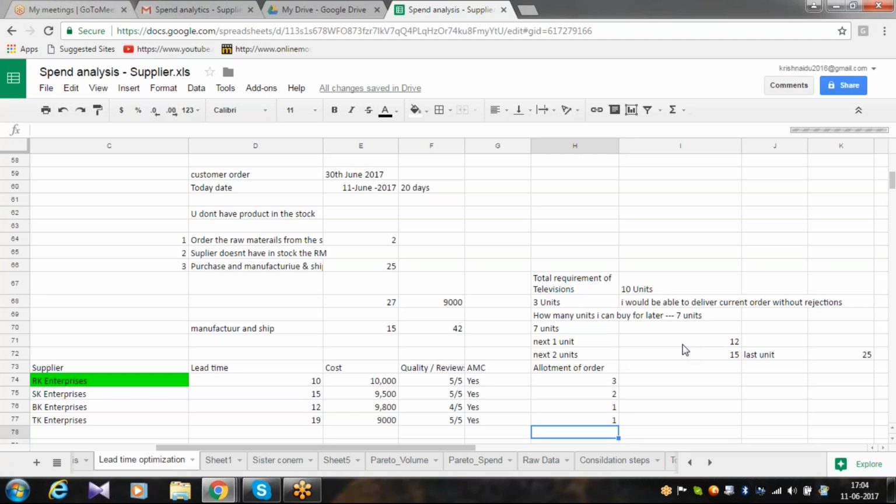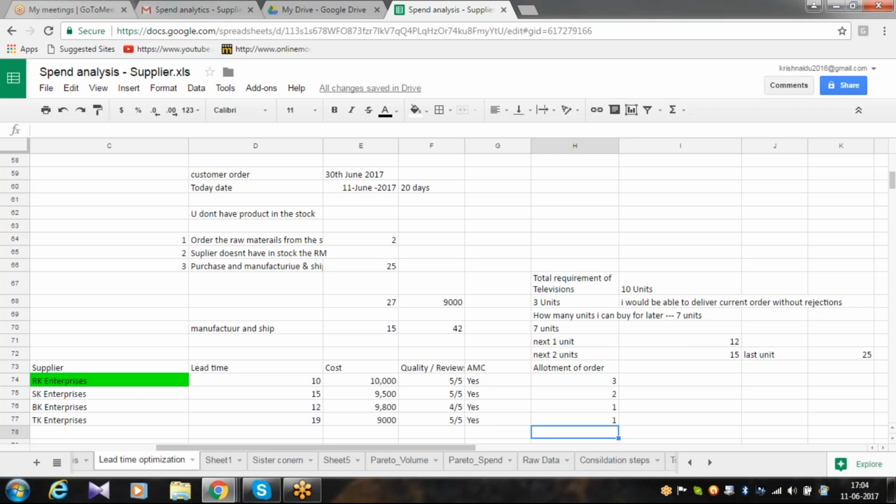Now once we get a requisition form, then we'll send the PO, or maybe we'll ask for quotes from the suppliers. Suppliers will give us the lead times. Then we'll map which supplier's lead time is matching with our internal requirement lead time.